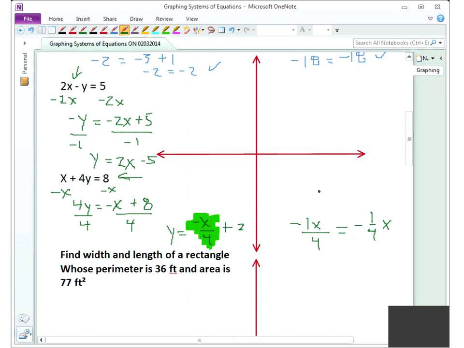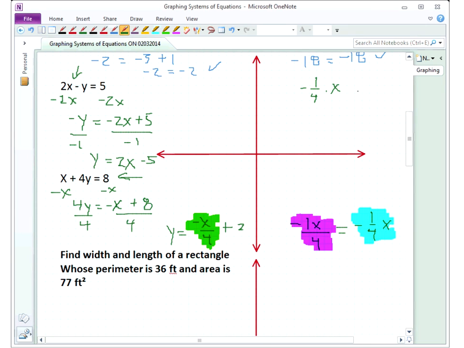So all I've done, and this is what you're looking at here, is three different equivalent forms of negative x over 4. We could have negative x over 4. We could have negative 1x over 4. That's just adding that coefficient. It's an assumed coefficient. And then we also have it written this way. So if I were to ask you to multiply negative 1/4 times x, let me show you what would happen here.